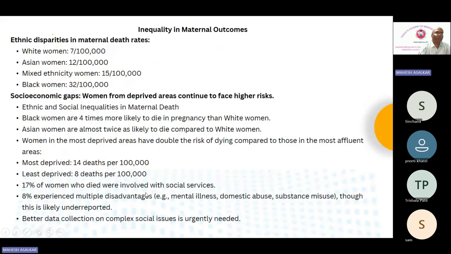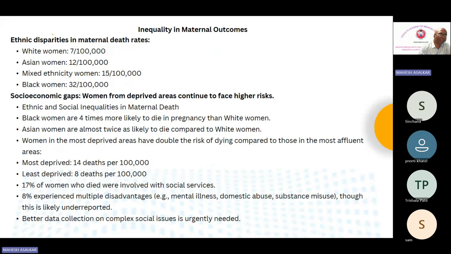Now this particular slide is going to be very important because there will be many figures, and these figures can be asked as an SBA. They have found that there is inequality in maternal outcomes. There are ethnic disparities in the maternal death rates. White women have the least maternal death, that is 7 per 1 lakh.